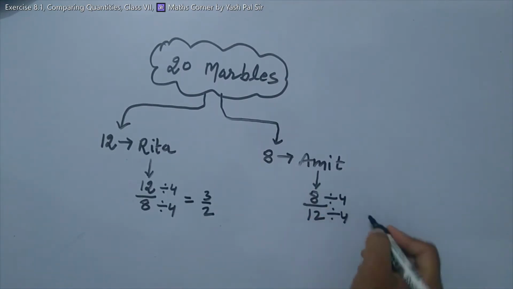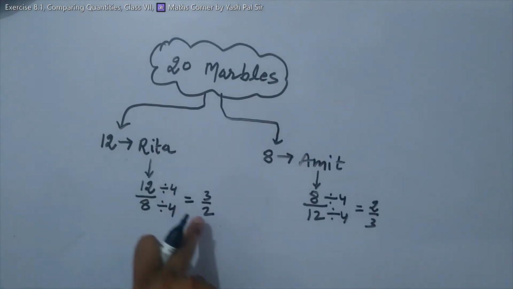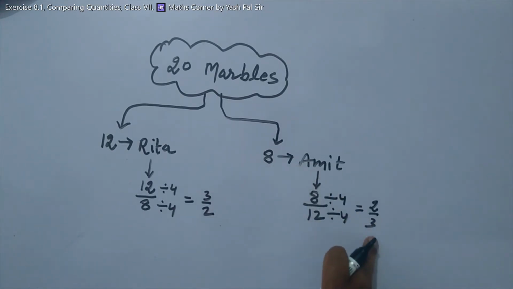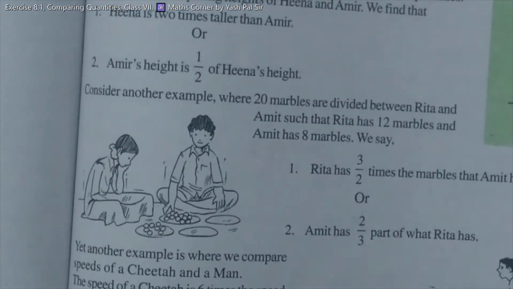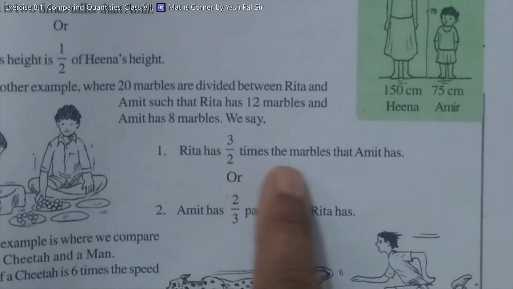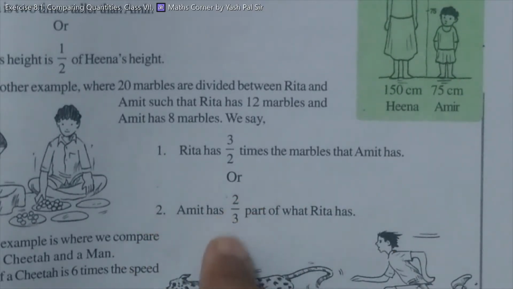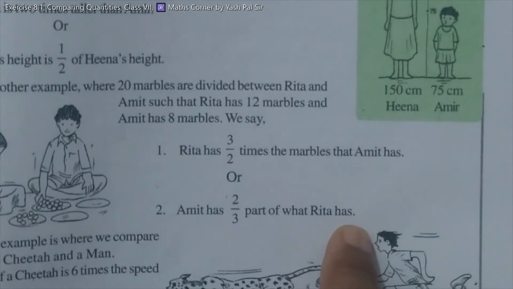Answer is 2 by 3. So what do we say? Rita has 3 by 2 of the marbles that Amit has. Similarly, Amit has 2 by 3 of the marbles that Rita has. Okay? So this way we can say Rita has 3 by 2 times the marbles that Amit has, or we can say Amit has 2 by 3 part of what Rita has.